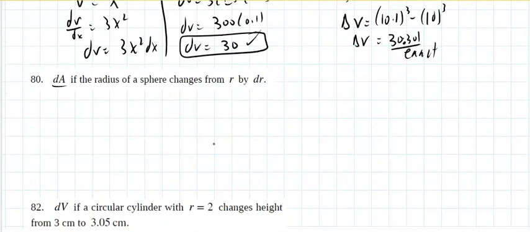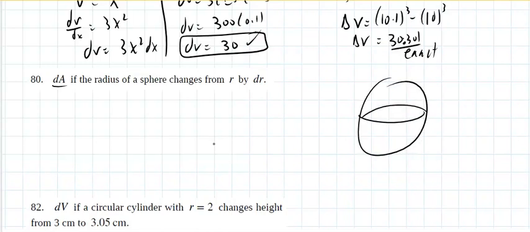How about the change of area of a sphere? Well, a sphere depends on the radius. The surface area is simply pi r squared. Right? Yeah, it is pi r squared.